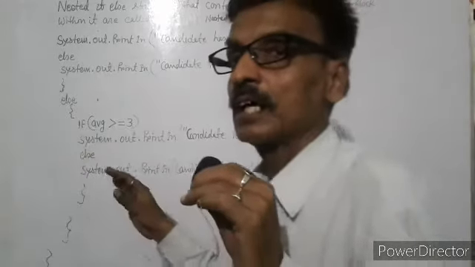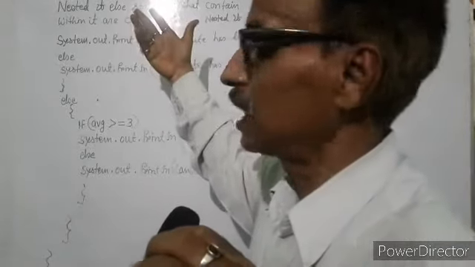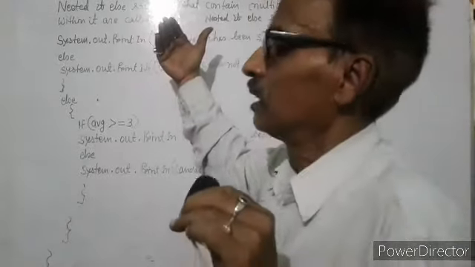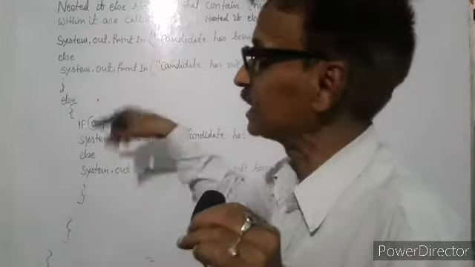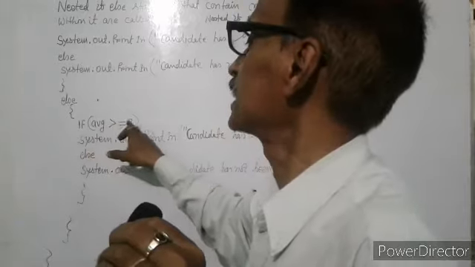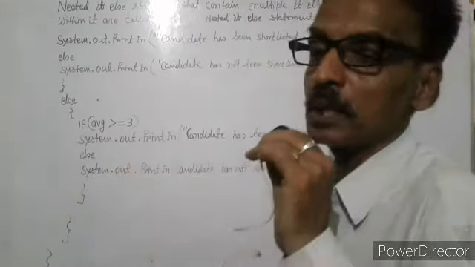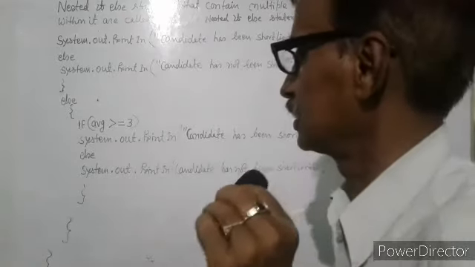This is the second if. The first if else was finished, and that is the second if avg >= 3. avg is the average number of baskets per match.